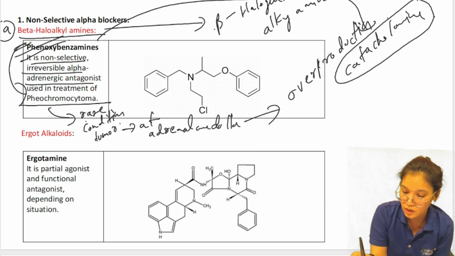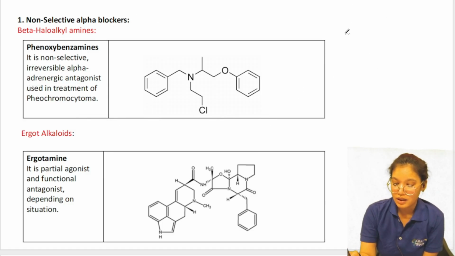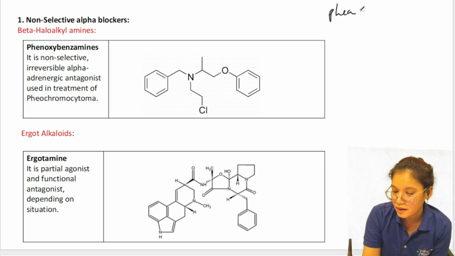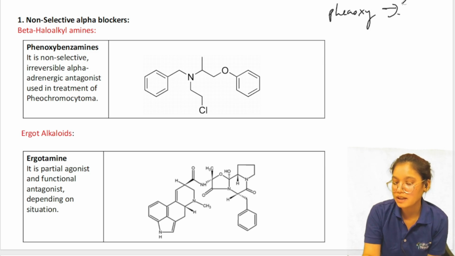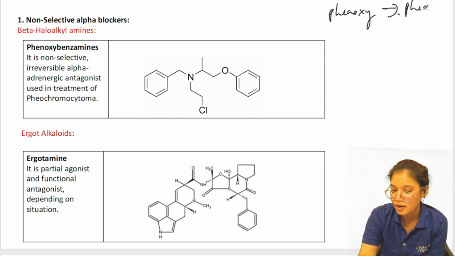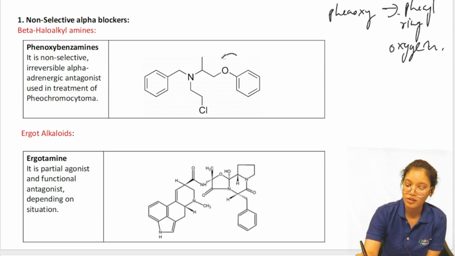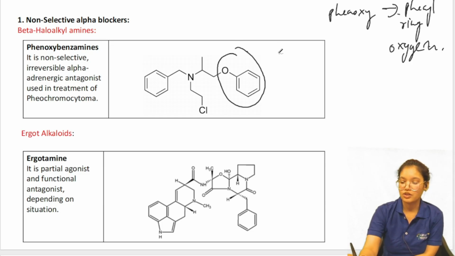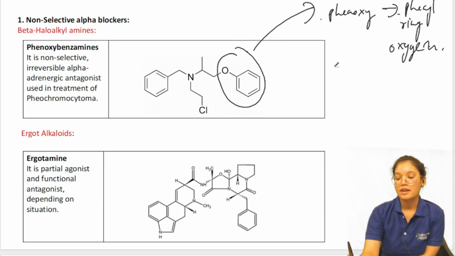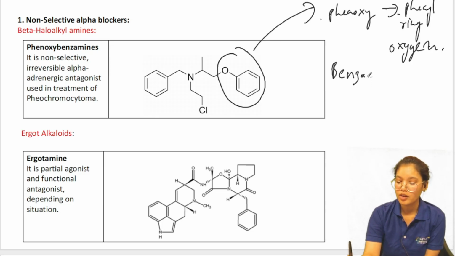Okay, now talking about the structure of this phenoxybenzamine. From phenoxy, we can say that it will have a phenyl ring with oxygen. So in this structure we have a phenyl ring with the oxygen, so phenoxy. Then second we have benza.